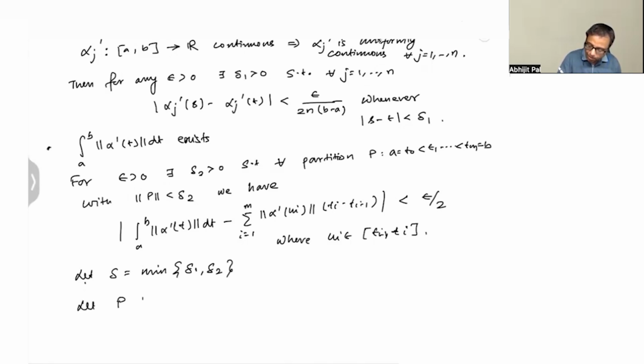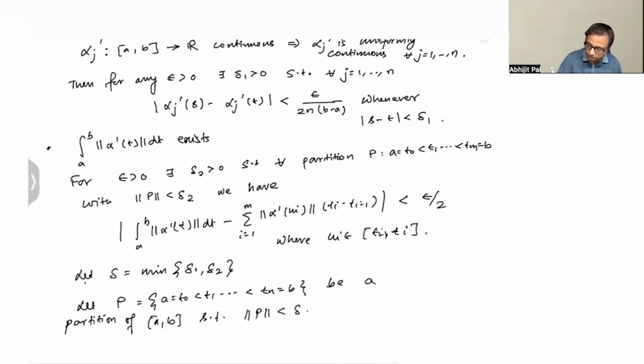So let P be a partition of AB such that norm of P is less than delta. Okay. So now let us take this sum, or length of alpha with respect to the partition P. By the definition, it is this following sum.